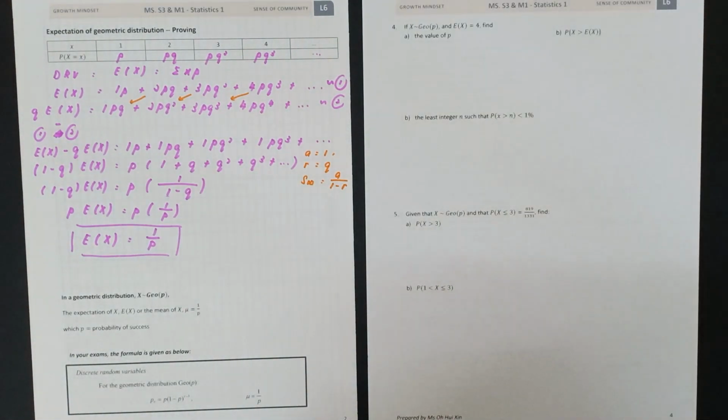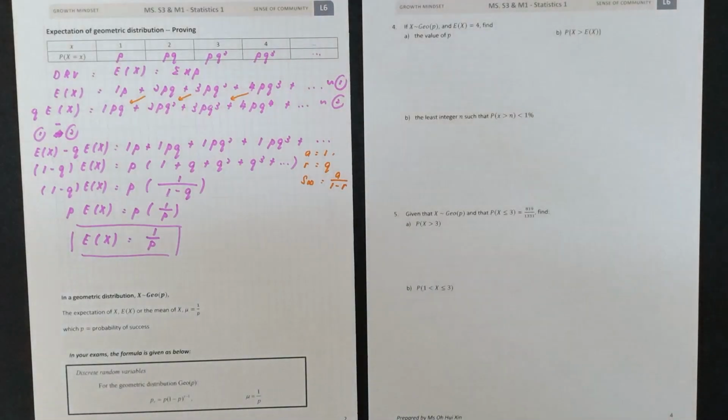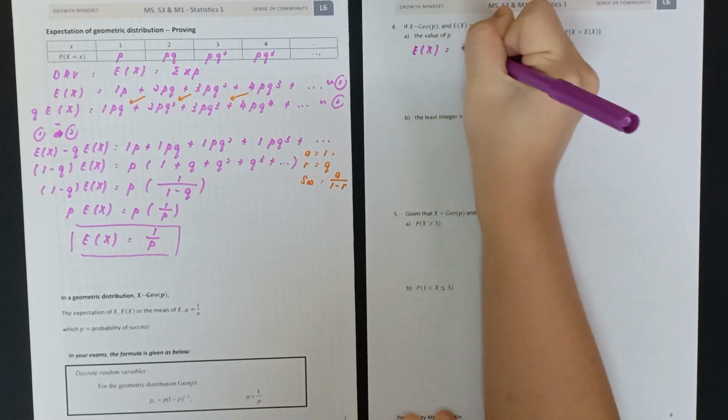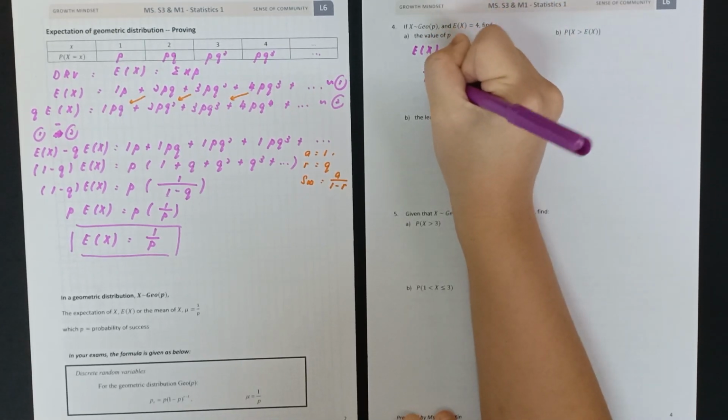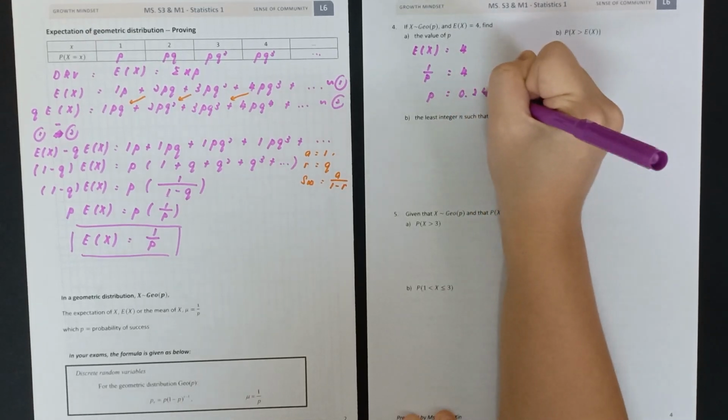The last page. Okay, if X is a geometric distribution with expectation equal to 4, find the value of P. So E(X) equals 4, so 1 over P equals 4, meaning P is 0.25.